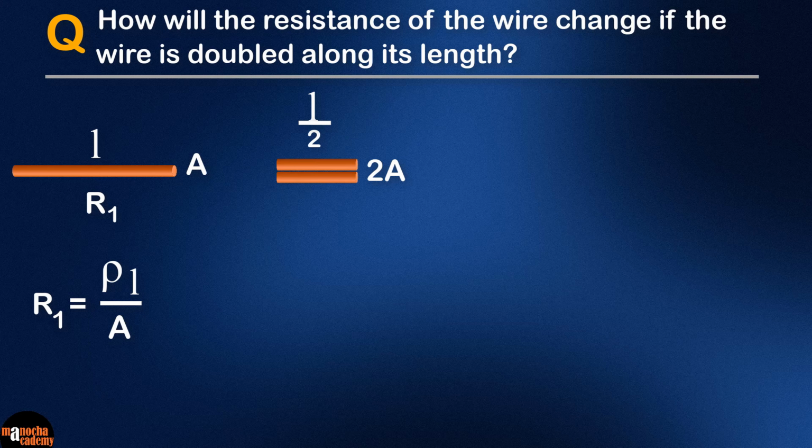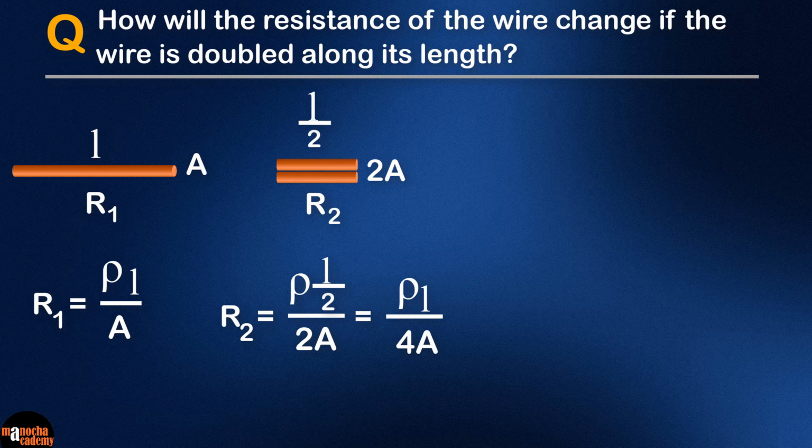We need to find the new resistance of the wire. Let's call it R2. Again, let's use the formula R equal to rho L by A. Substituting the new values in the formula, we will get R2 equal to rho times L by 2 divided by 2A. Simplifying, we get R2 equal to rho L by 4A.